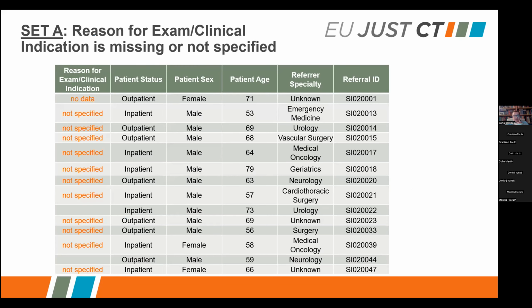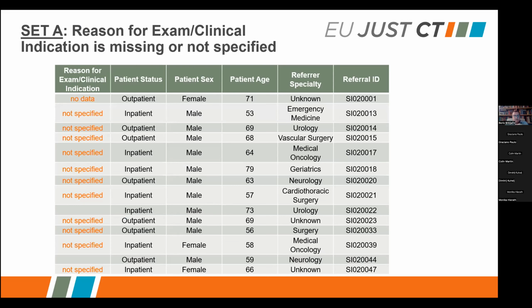So, for instance, reasons for exam or clinical indications missing or not specified are presented here in several of these referrals, where sometimes we knew what the referrer specialty was, sometimes it was unknown, so this was also analyzed.